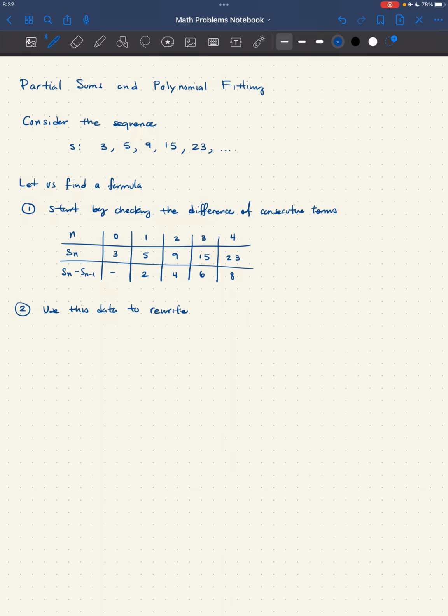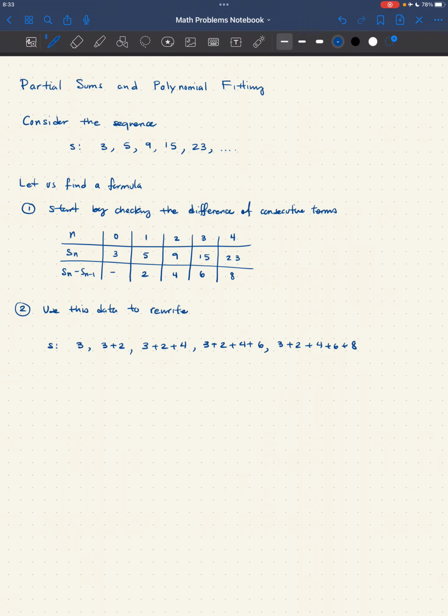So now, the sequence itself may be written in this fashion: 3, then 3 plus 2, then 3 plus 2 plus 4, then 3 plus 2 plus 4 plus 6, then 3 plus 2 plus 4 plus 6 plus 8.